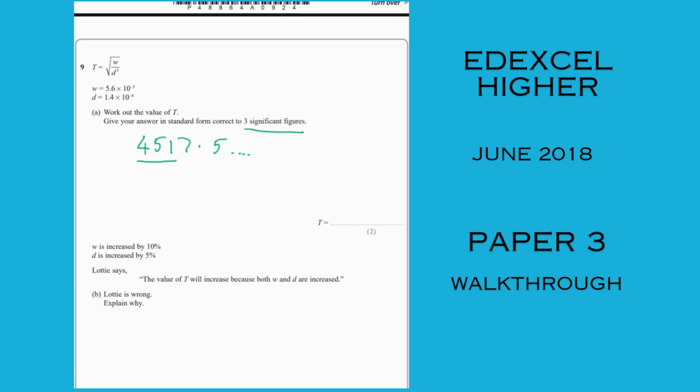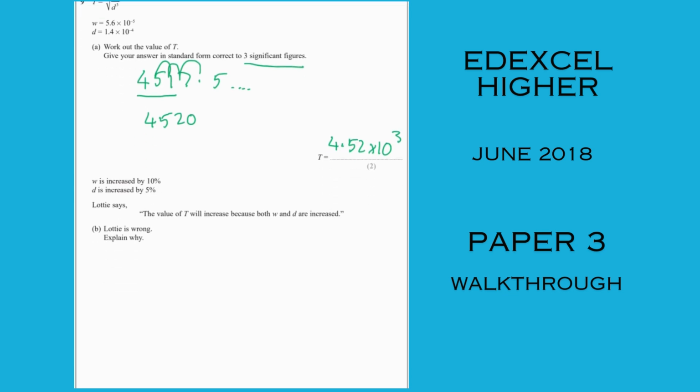There's the 3 most important numbers. So the 4,520 needs to become 4.52 times 10. What's the power? Well, we need to move the decimal point or divide by 10 3 times. On to the next one.